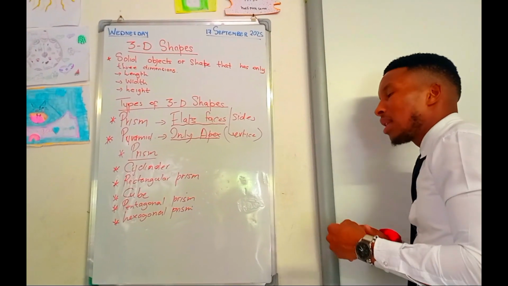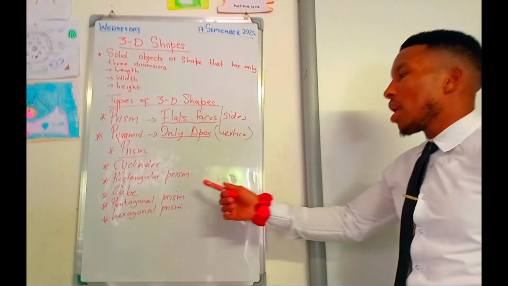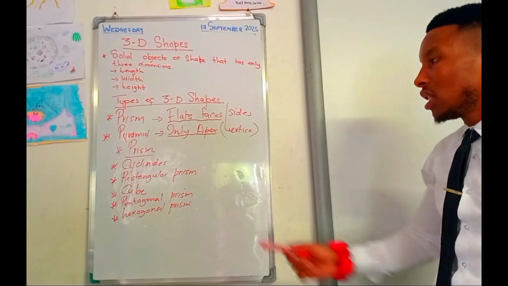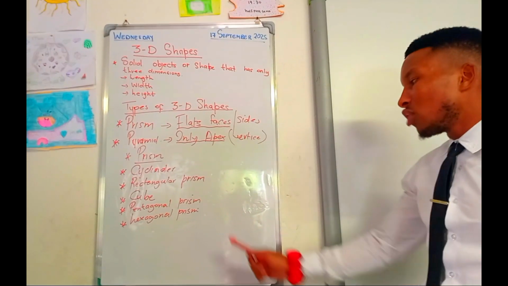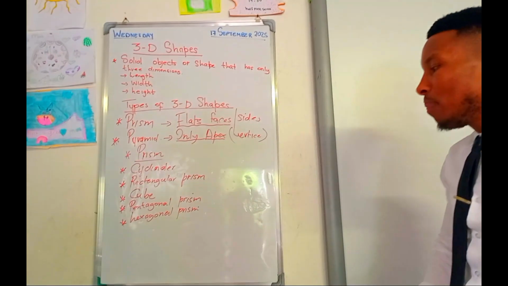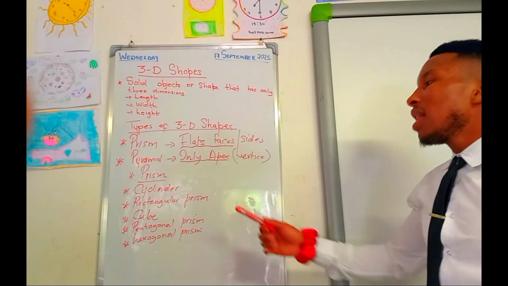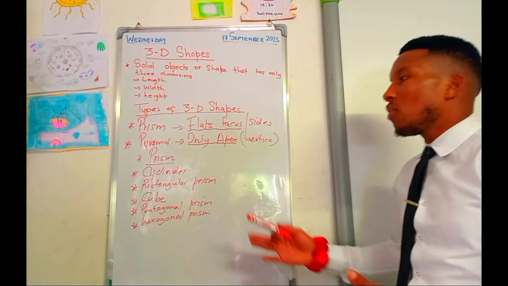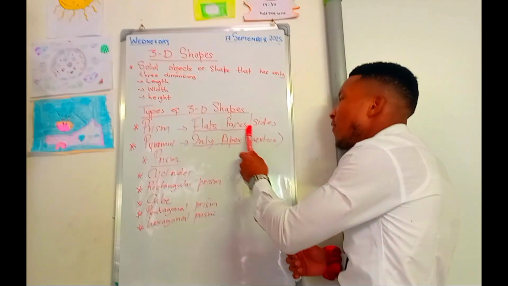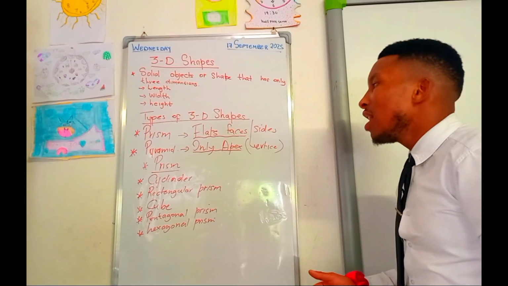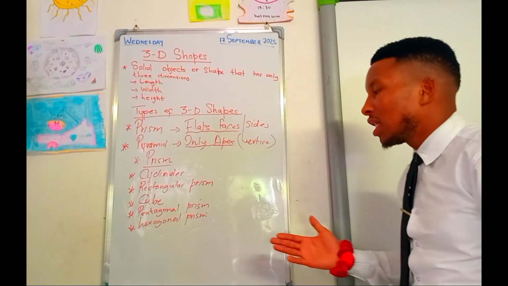A cylinder is a prism. And also we have a rectangular prism, a cube, a pentagonal prism, and a hexagonal prism. Therefore, here we are just going to look at the shape that has only flat faces. Then we call that shape a prism.